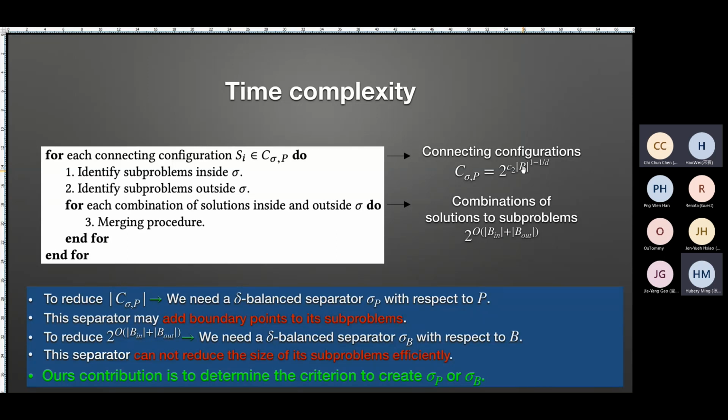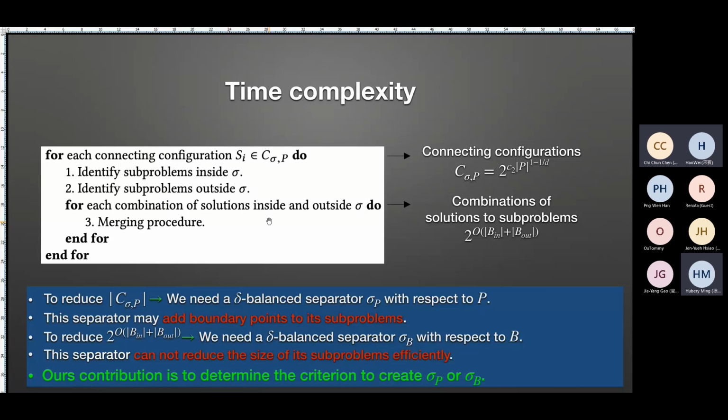That is to say, we need a delta balance separator with respect to all the points. This separator could reduce the size of the problem efficiently, but it may add boundary points to its subproblem. And if we add too many boundary points to this subproblem, we will increase the time step needed to execute the second for loop.